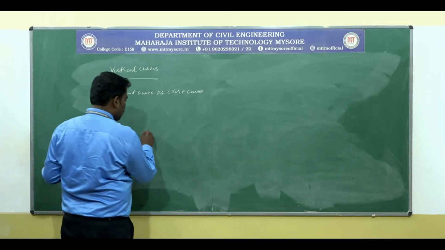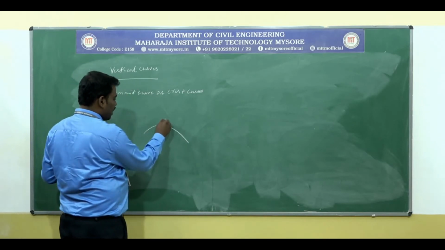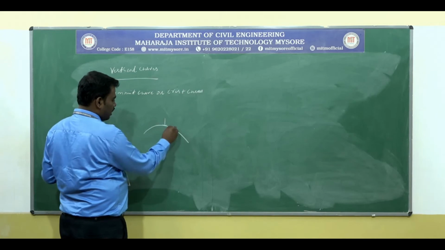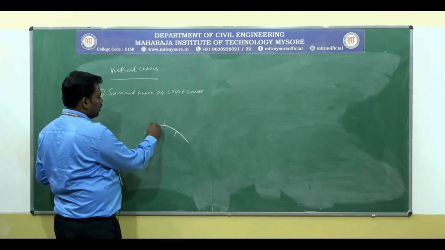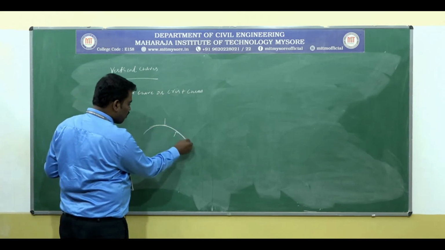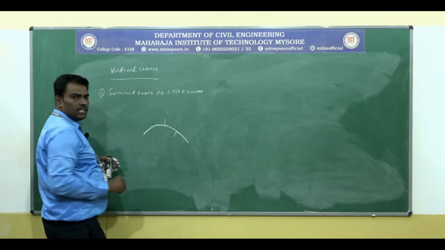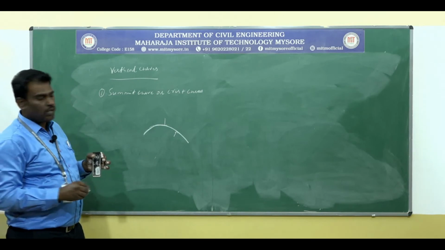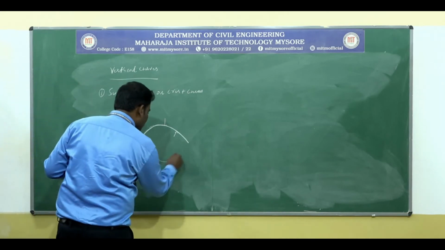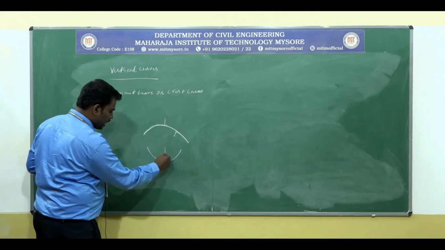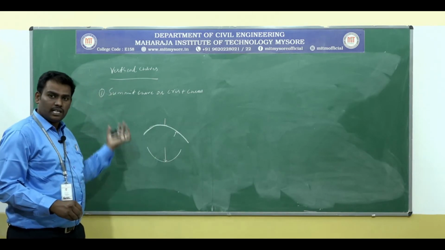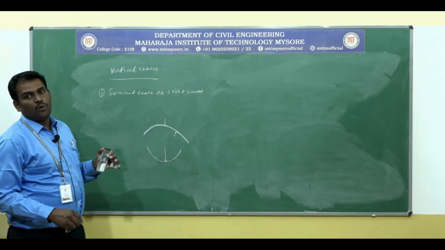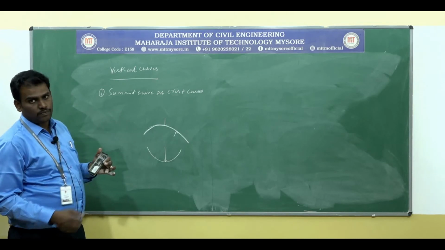If you have a curve like this, it is convexity, and this is concavity. If the convexity is upwards like this, then it is a summit curve or crest curve. If the concavity is upwards, then it is a valley curve or sag curve.